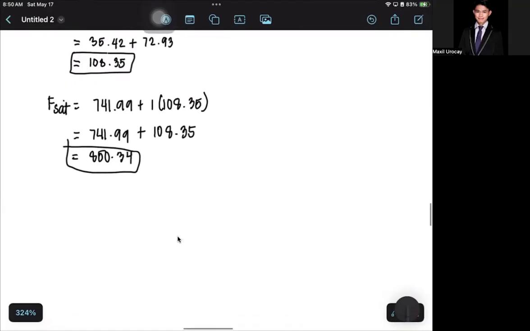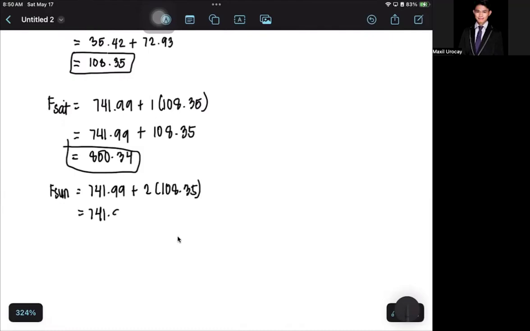And then for Sunday, since your h earlier for Saturday was one, since that is the first day, the second day forecast, you will use the same data, the current data for Friday. So your h will become 2, then 108.35.